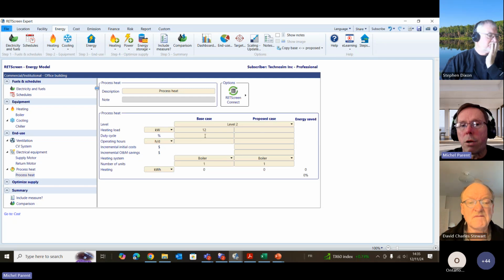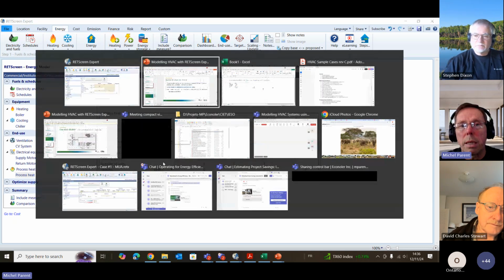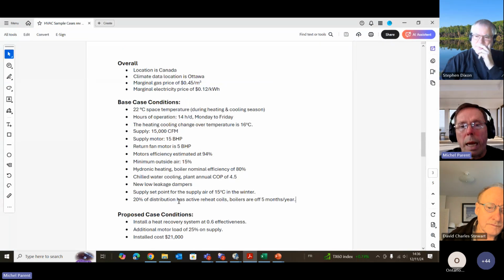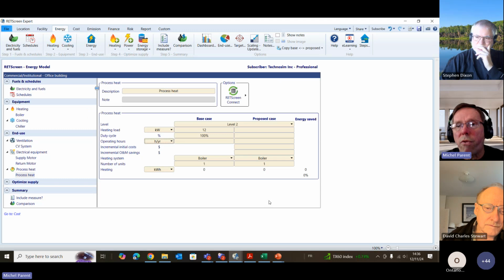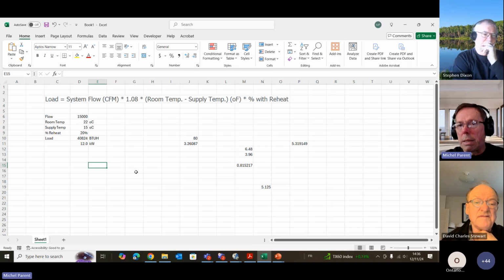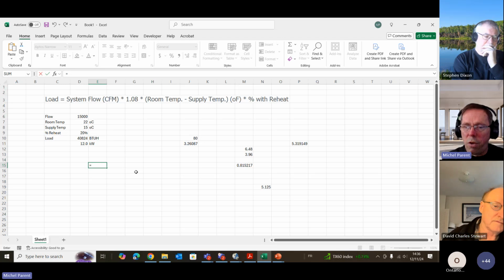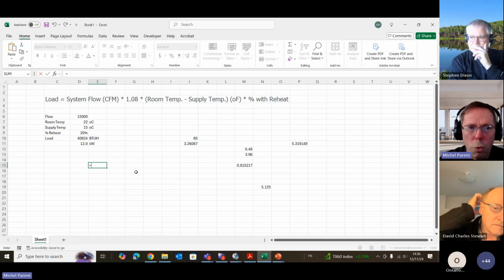And I'm going to say 100% duty cycle because I'm going to enter the hours per year that reheat is active. So in this case, it tells me that my reheat is going to be on 7 months a year, 14 hours a day, 5 days a week. Obviously, that's an estimate. You could say, well, maybe my reheat is not always active, but if your system is active and you've got 20% reheat, you have to assume when your boilers are on, your hydronic loop is on, you will get that reheat.